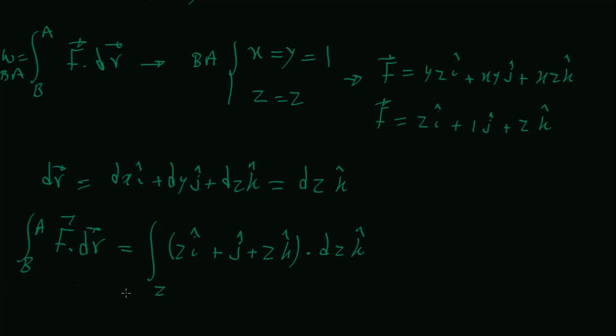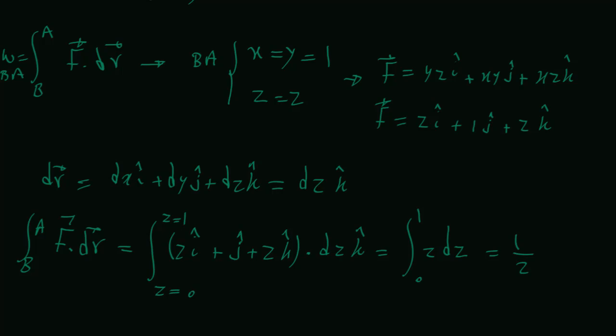At point B, z is equal to 0, and at point A the z coordinate is equal to 1. This whole integral now depends on z. So here we get the integral of z dz from 0 to 1, which is basically 1 over 2.